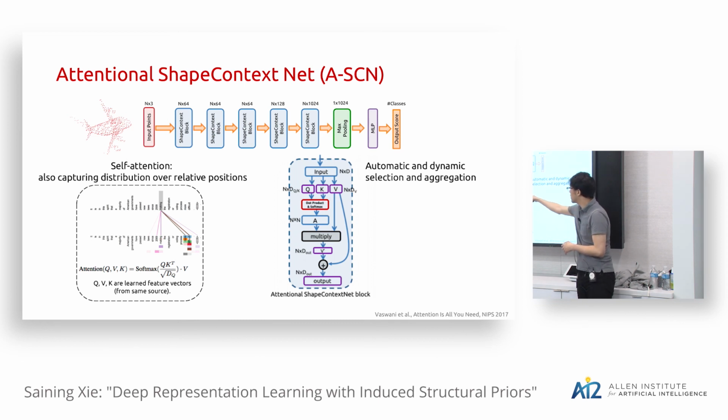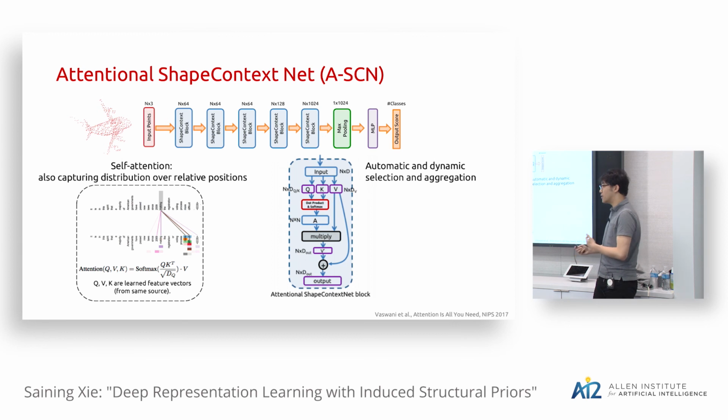These feature vectors are n points times d, the feature dimension. When you do the dot product, what you get is an n by n feature transformation, which is the attention weights of your network. So every dimension matches the previous ShapeContextNet, but now there's no handcrafted bin assignment you have to compute based on the data. Basically, you're training the parameters.